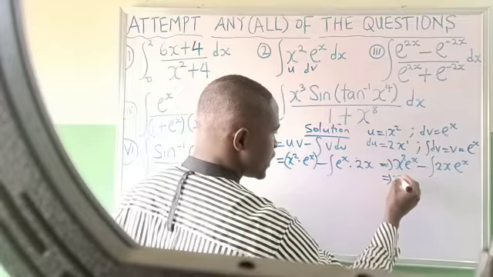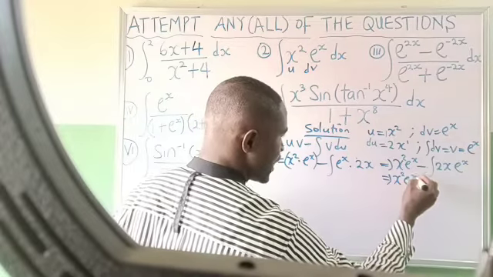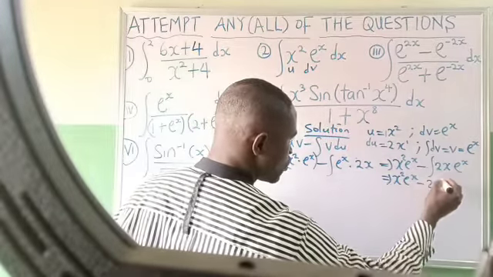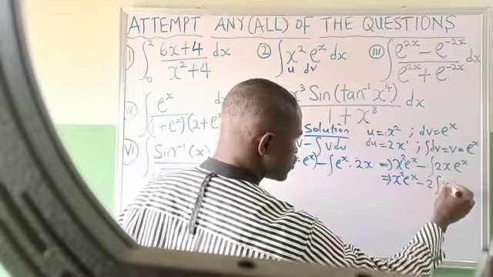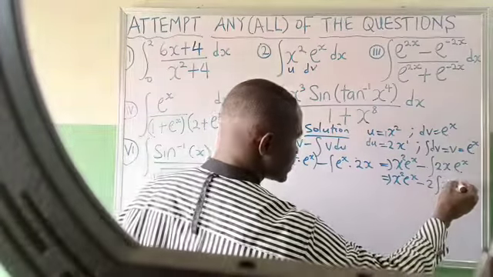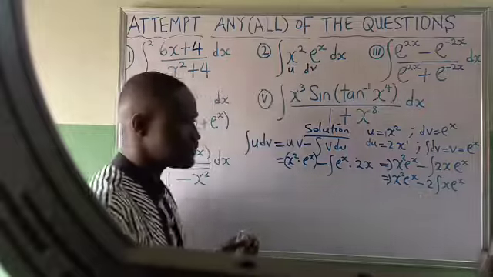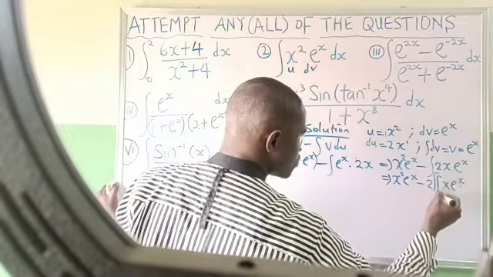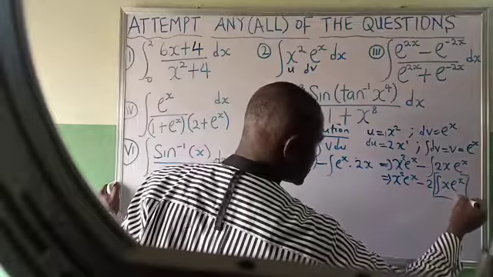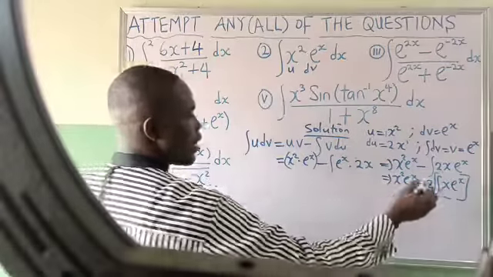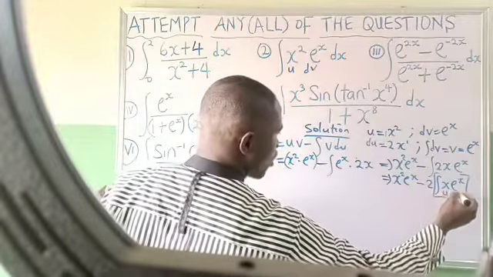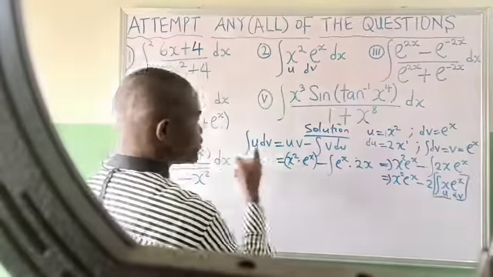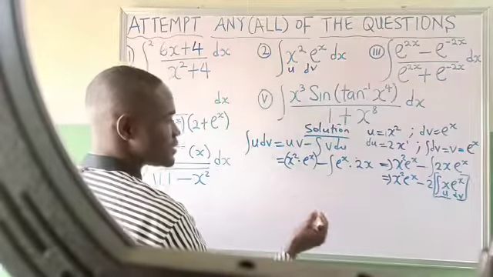This will give you x squared exponential x minus 2 integral x exponential x. It means I am to also integrate this. Now I will call this my u and call it the v because I'm using integration by parts.